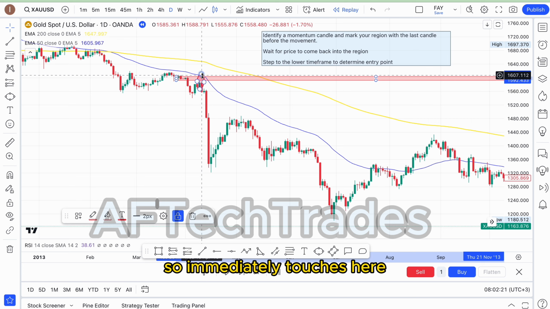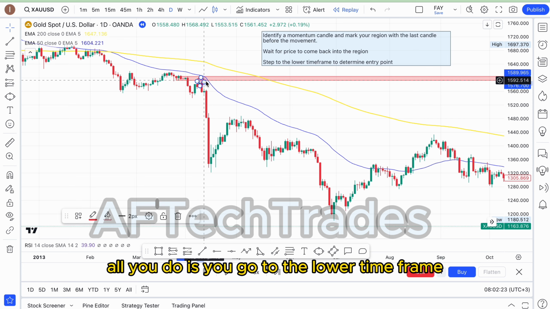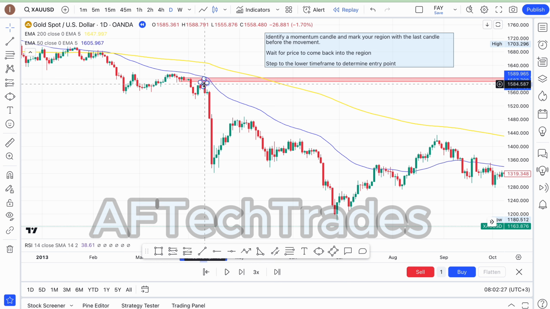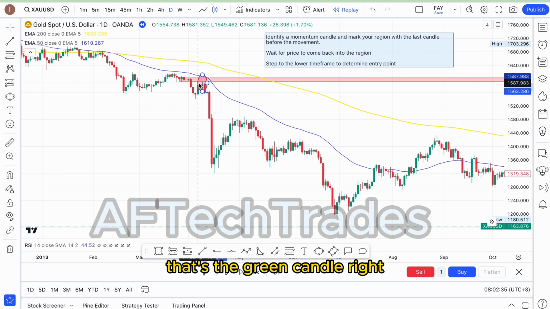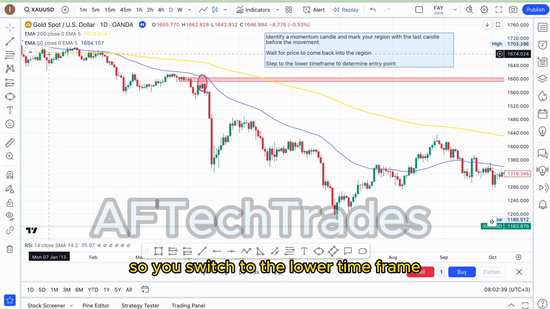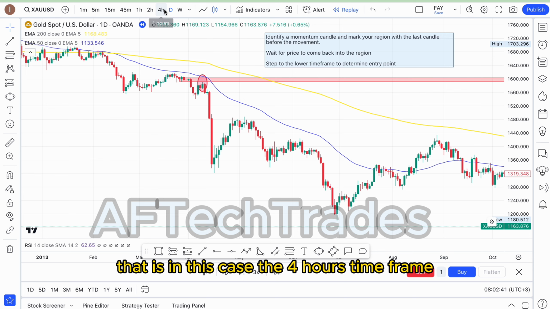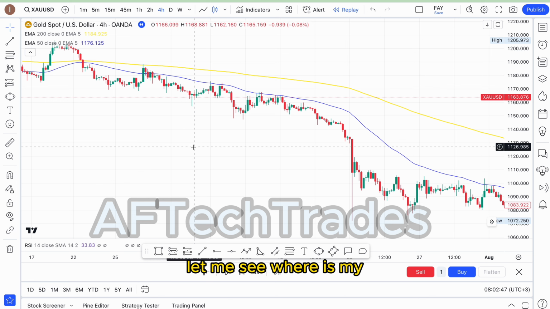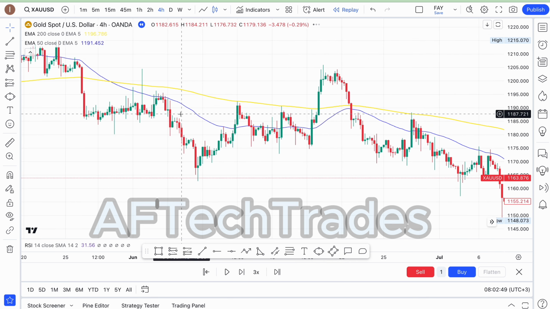So immediately it touches here, all you do is you go to the lower time frame. That's the green candle, right? So let me also lock it. So you switch to the lower time frame, that is in this case the 4 hours time frame, and look for an entry.